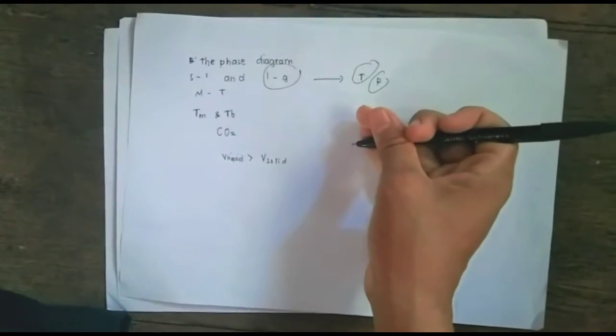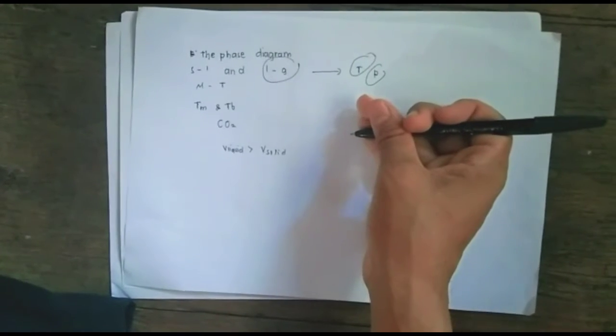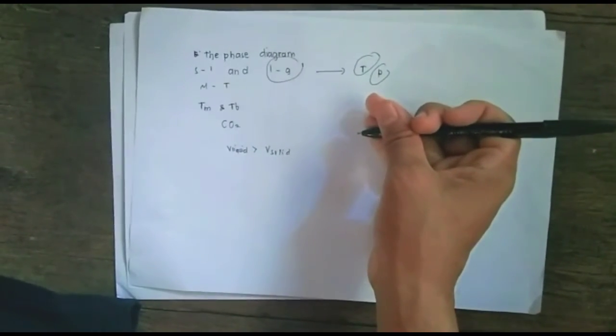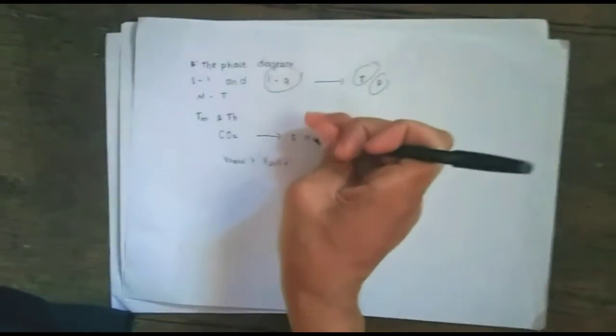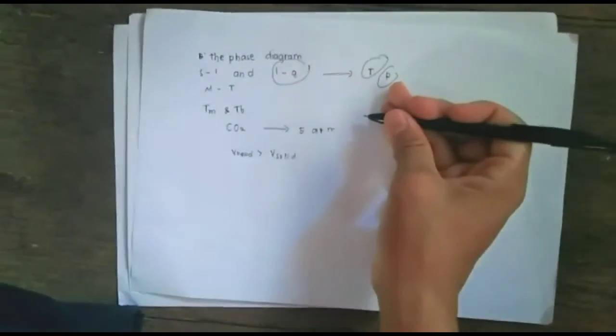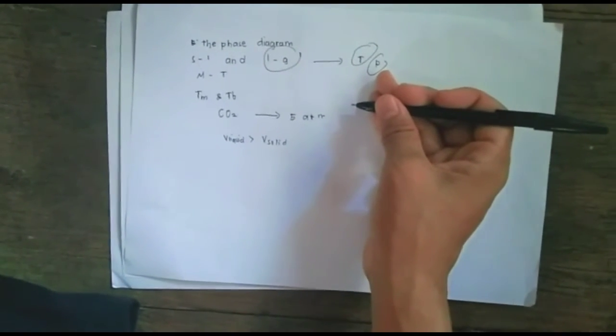Note that liquid carbon dioxide is not stable at pressure below 5 atm, so that we have carbon dioxide 5 atm. For this reason, dry ice is dry under ordinary atmospheric pressure.